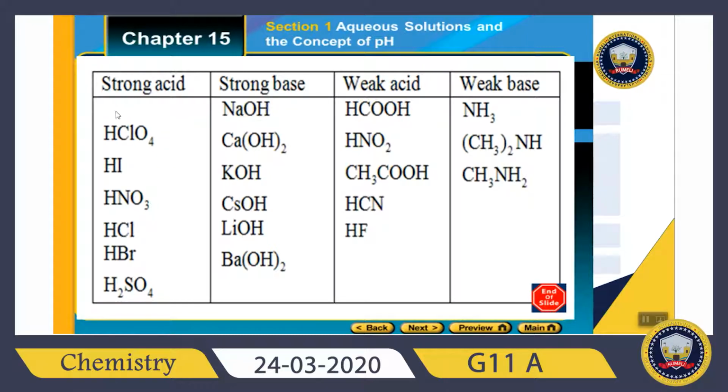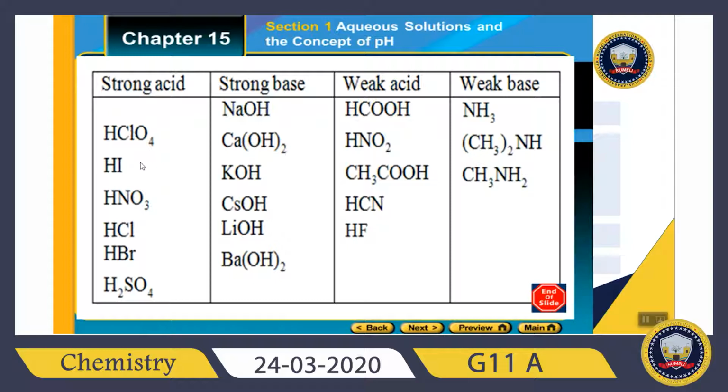It classifies the strengths of acids and bases. You should understand that HClO4, which is perchloric acid, is a strong acid in chemistry.